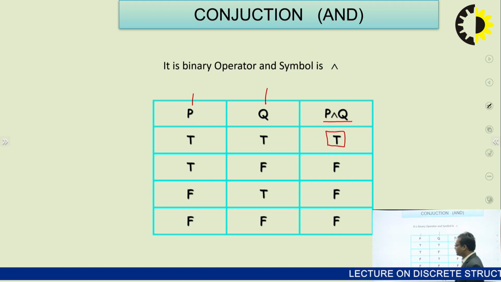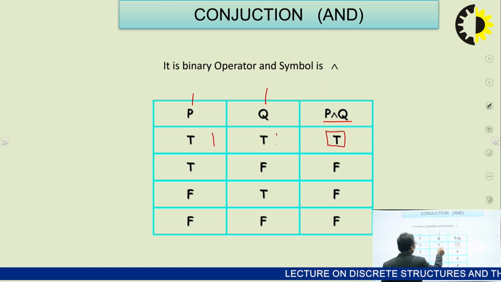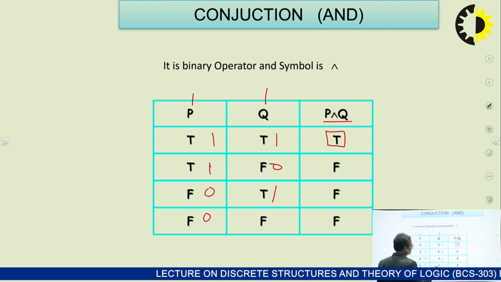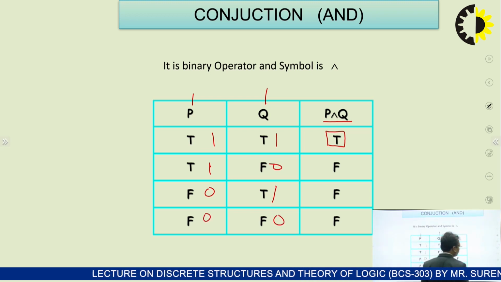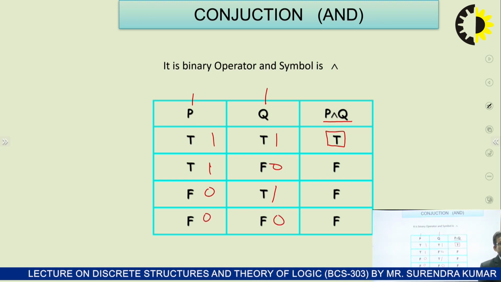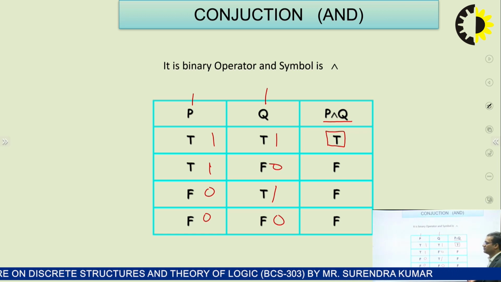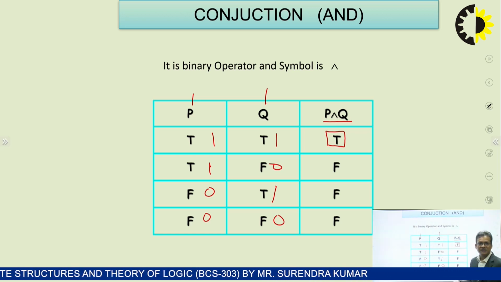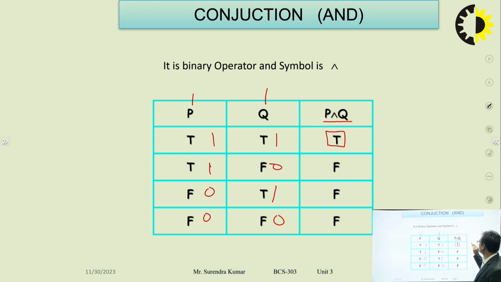Or you can convert it as 1, 1, 1, 0, 0, 1, 0, 0, right? For understanding in an easy way, because we generally understand symbols or numbers easily. Now, if both the values are true, then only it will be true. So you can represent it as 1 and 1.